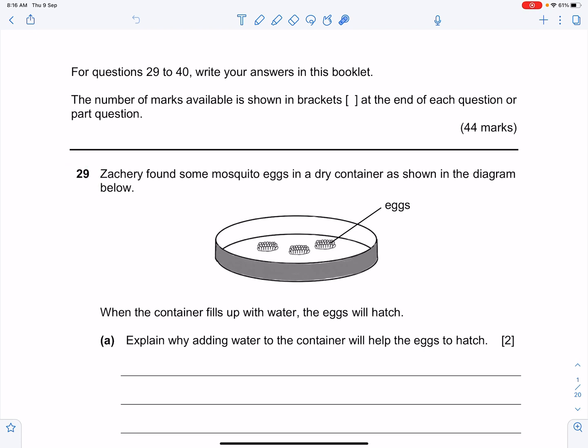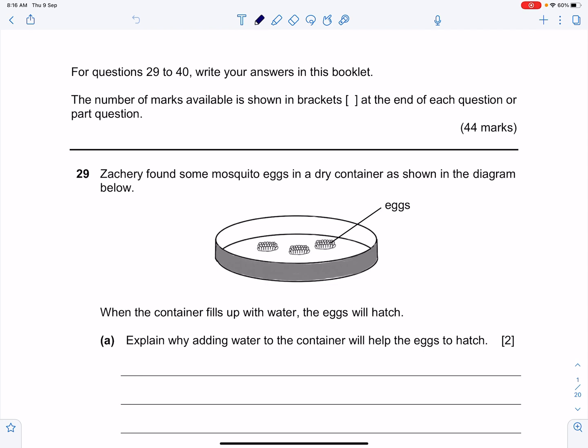Zachary found some mosquito eggs in a dry container as shown in the diagram. So, first things first, I see mosquito, I see eggs. I will always want to identify what is the topic and then what is the concept of the topic that is being tested.